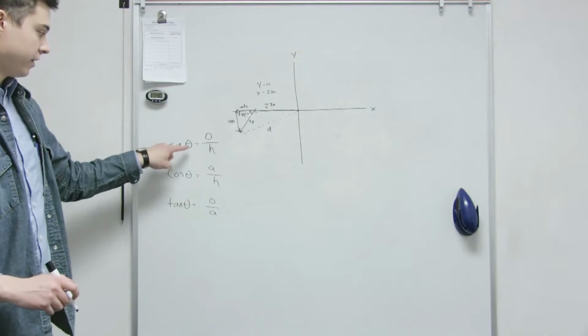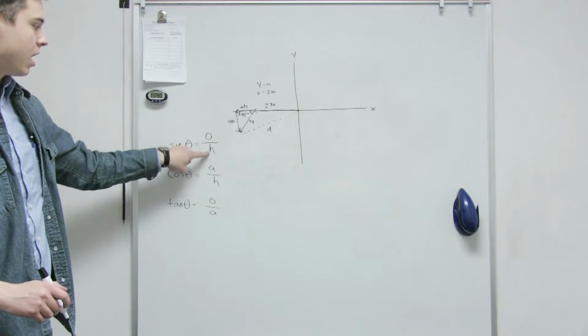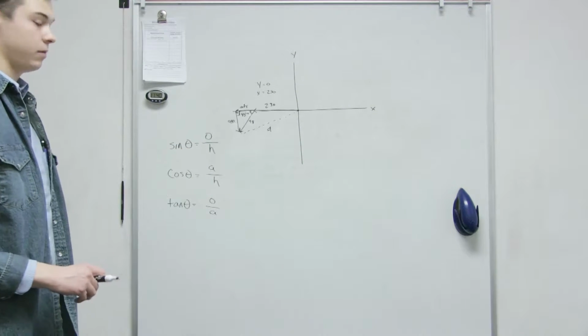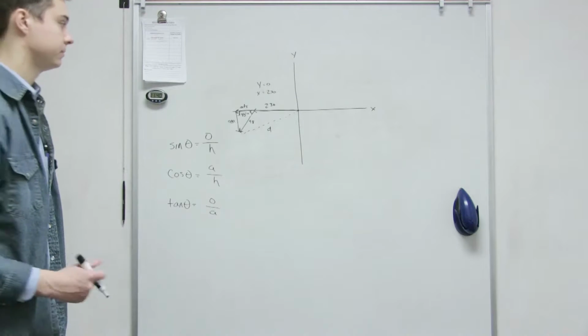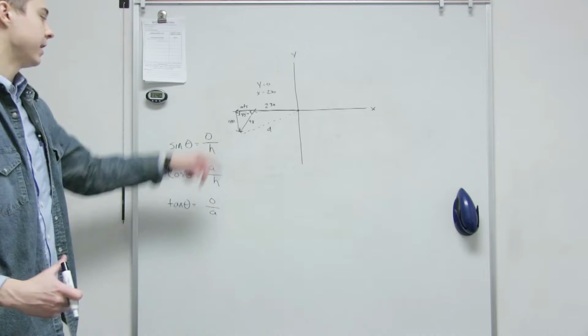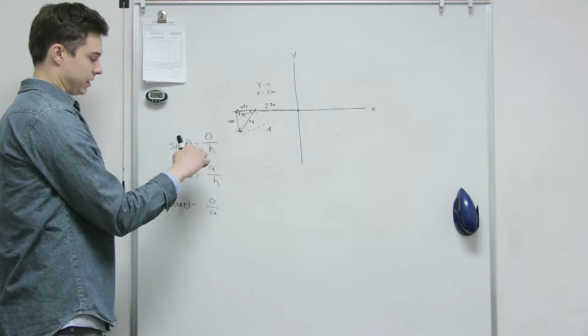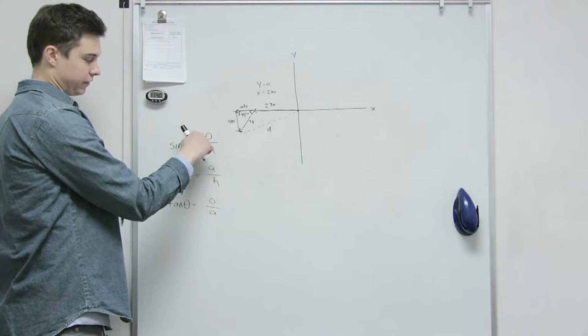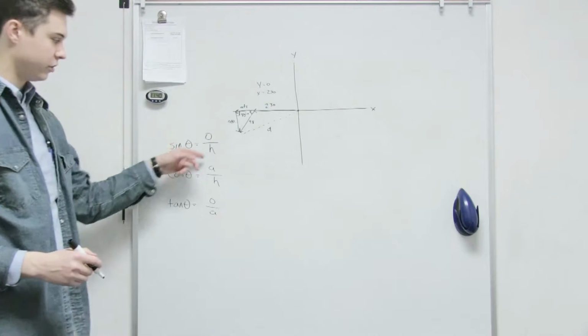We know the theta, and we know the hypotenuse. So we're just trying to find the two sides, right? Yep. So let's say we want to find the opposite side first. We would plug into sine because we know the theta, we know the hypotenuse, and we're looking for the opposite. So do you see why that is a good choice?